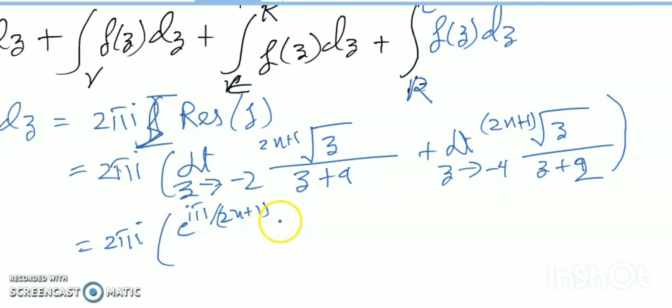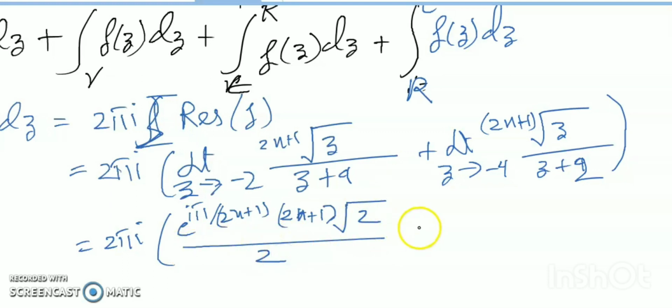Okay, so it is 2 to the power (2n plus 1) by 2, just putting -2, and minus e to the power I pi divided by 2n plus 1, 2n plus 1 root.